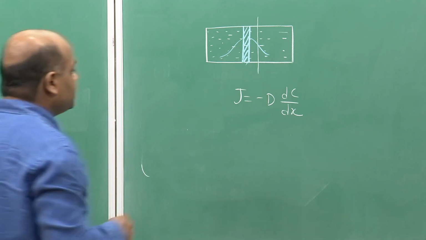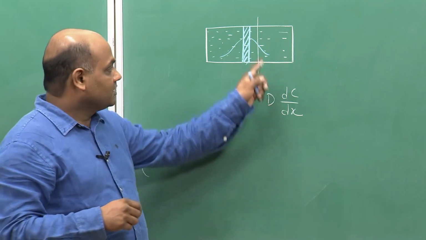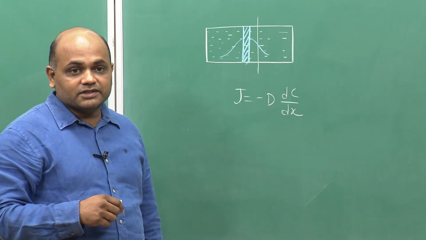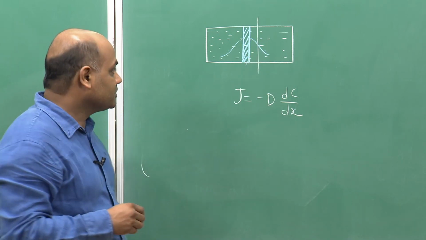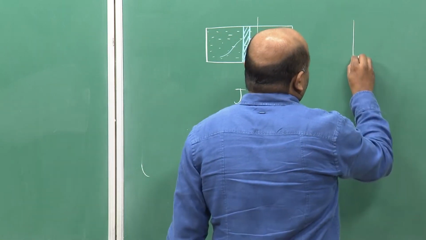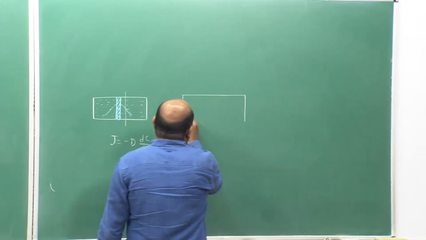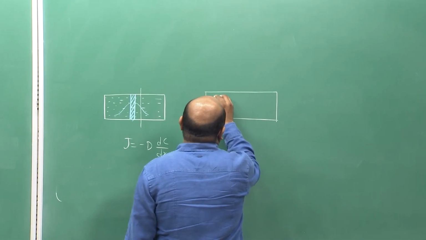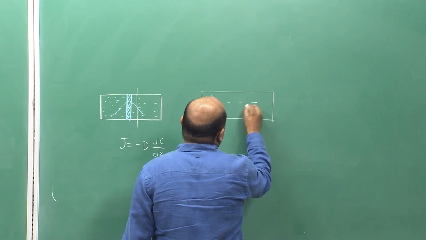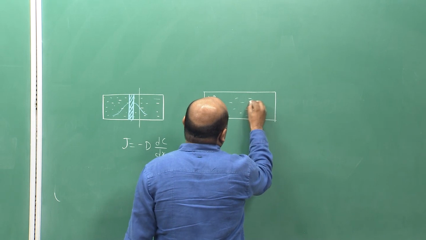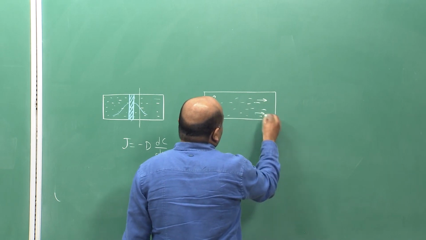Okay. So, this will be the flux when the water is steady, still. Now, suppose instead of having a steady water, suppose the water was flowing with some velocity v.